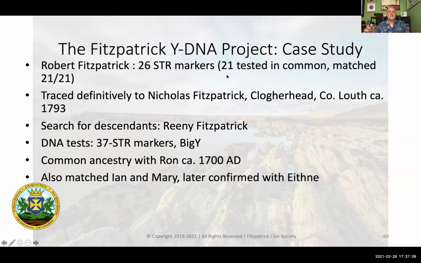I just knew that he had this marker DYS 393 equals 14, and he was possibly related to Ron. But the intriguing thing is that Robert traced the clawhead in County Louth, definitively, absolutely. He had a brilliant paper trail back to a guy called Nicholas. So my mind starts to go, okay, Ron, you might not be from Down, you might be from Louth, which sort of blew my mind.